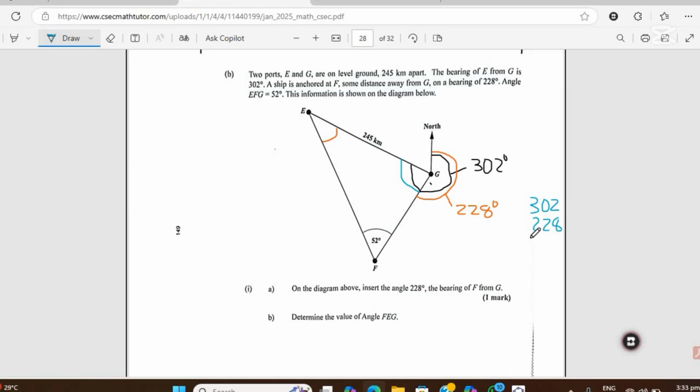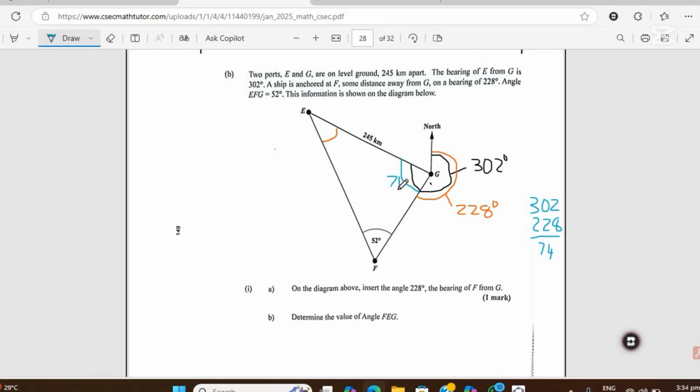So subtracting 228 from my 302, what are you getting? You should get 74 degrees. So the angle that we're looking at here is 74 degrees.